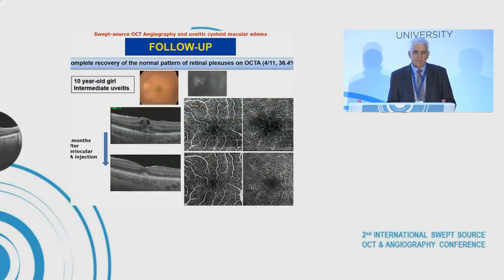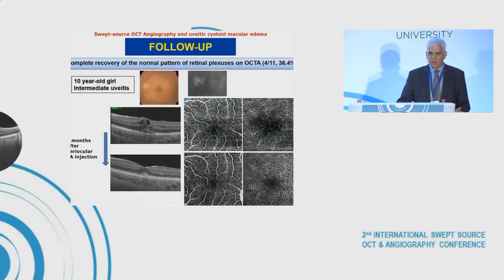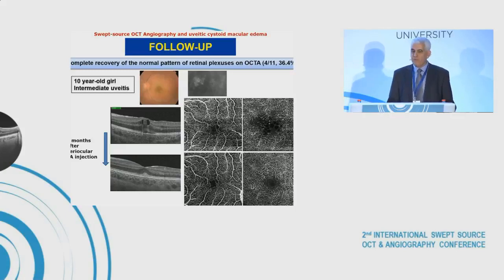This is a case showing a complete or near complete recovery of the normal pattern of retinal plexuses on OCT angiography following resolution of cystoid macular edema after periocular corticosteroid treatment.